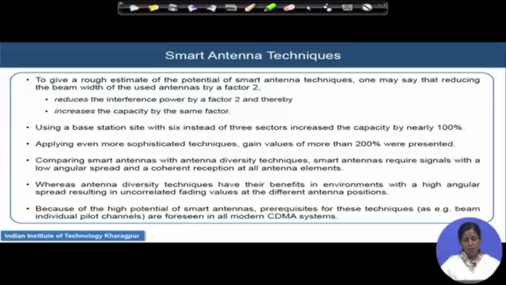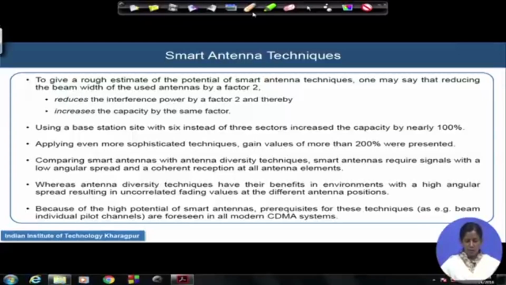In order to give a very rough estimate of the potential of these smart antenna techniques, let us take an example. One may say, if I reduce the beam width of the used antenna by a factor of 2, say I had a 60 degree beam width and I have reduced it to 30 degrees, so the antenna beam width is reduced to half.